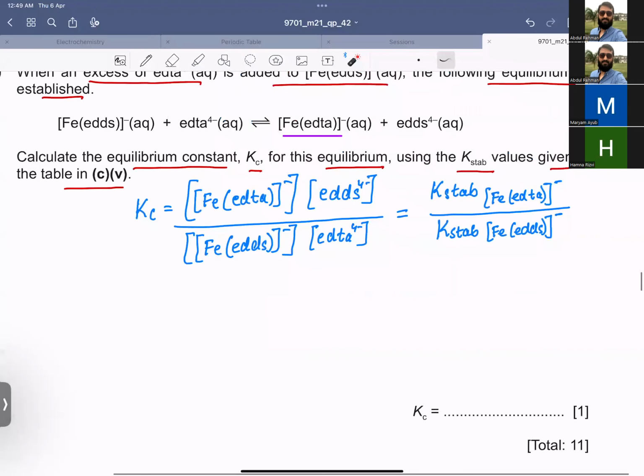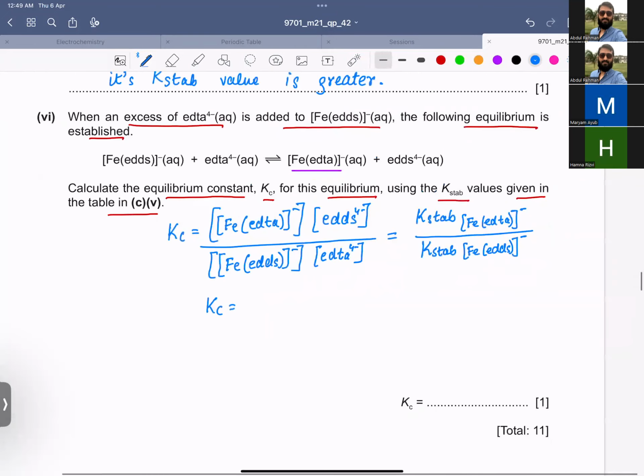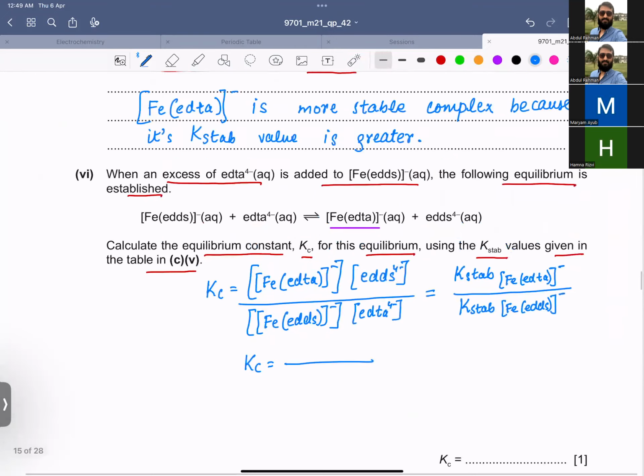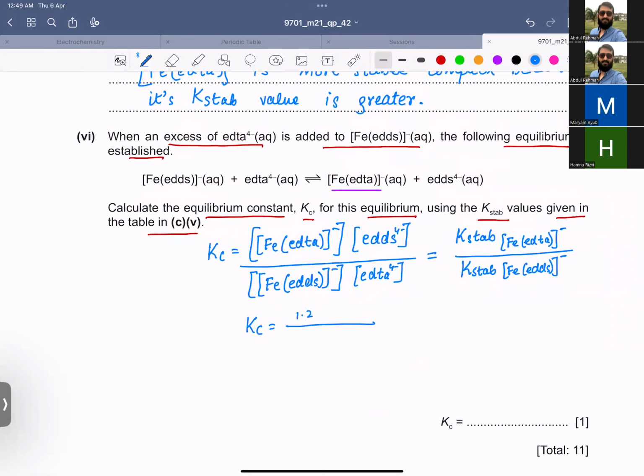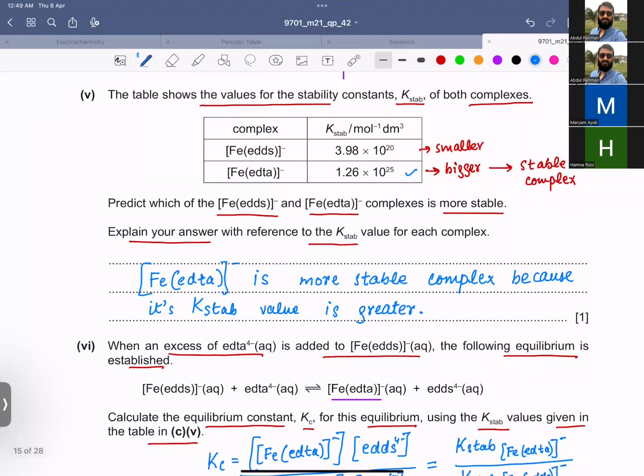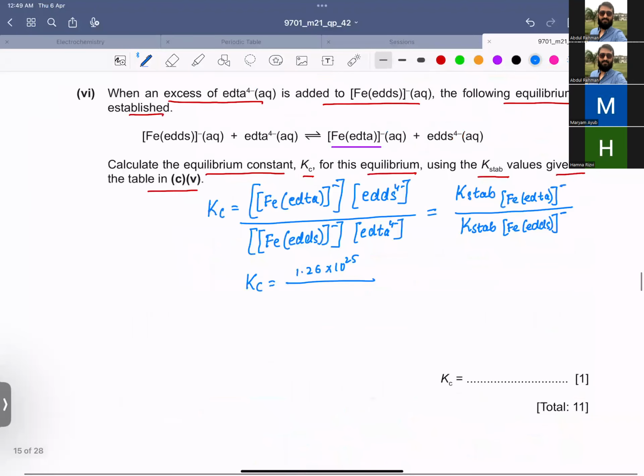Okay. So I just need to put the k-step values over here. The k-step for FeEDTA is 1.26 exponent 25, divided by the k-step of FeEDDS negative, 3.98 exponent 20.